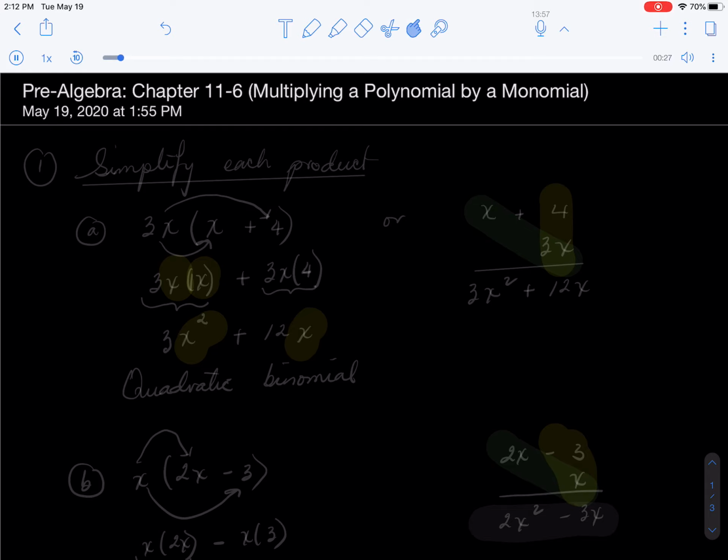When you multiply by the same base, you're adding the exponents. Okay, for example, you are simplifying the products.